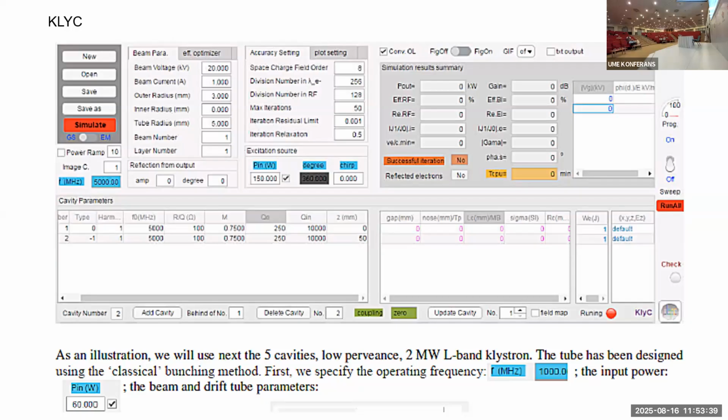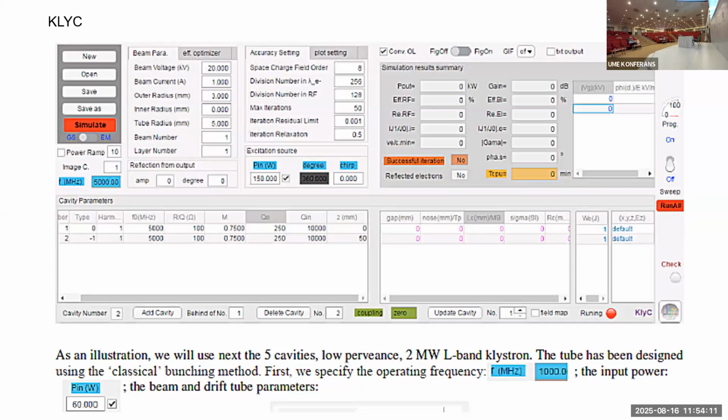And division number in K: don't use this one if you're dealing with more than 1 meter. Everything is fine. This is the extension source. Okay.